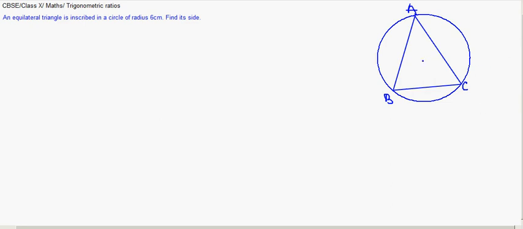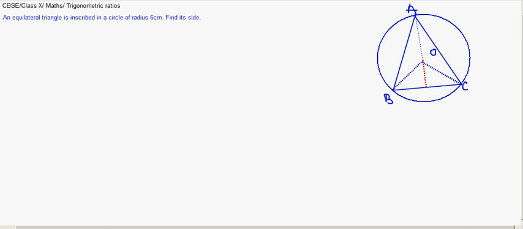I also join this center with OA and OB, OC, and then I drop, I join OA. That's also a radius. I haven't even named it, this is O. I'll drop a perpendicular from O to D. I hope it looks like one.